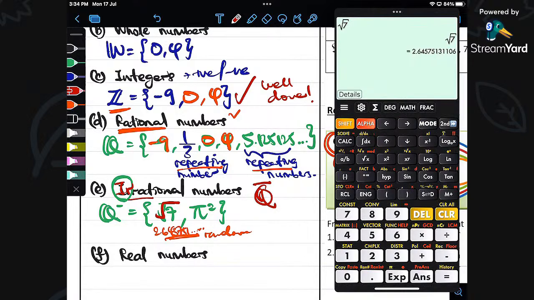If you press pi and then you press squared, you will see 9.86960 and so on. Non-ending numbers, and that is not repeating, it is not terminating. So these two numbers are called as irrational numbers.